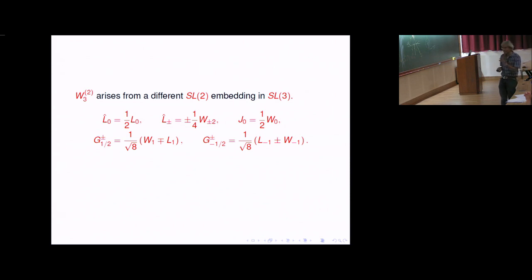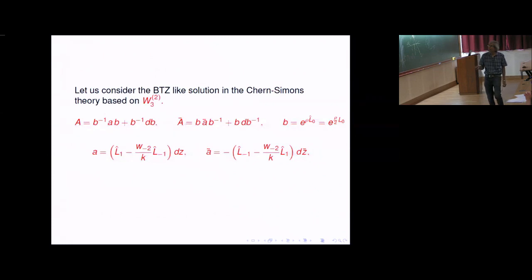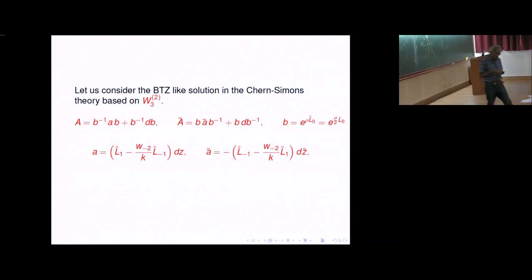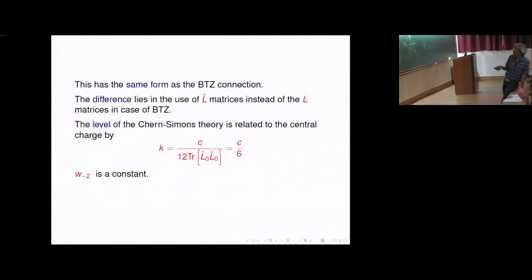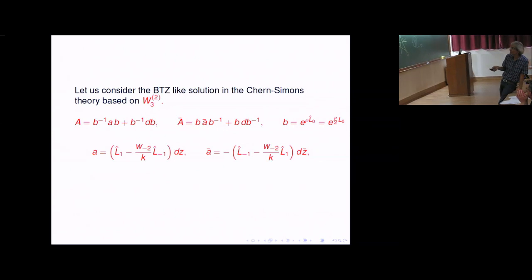This is the way this algebra is realized, and you can have a Chern-Simons theory associated with this algebra. And if you consider the BTZ, so you think that it's a BTZ-like solution, you impose the same periodicity condition for the temperature as a BTZ. What you see is that this connection is the same form as the BTZ.